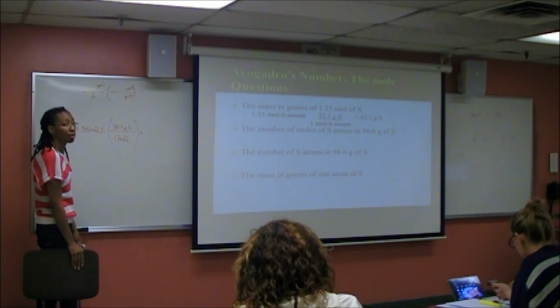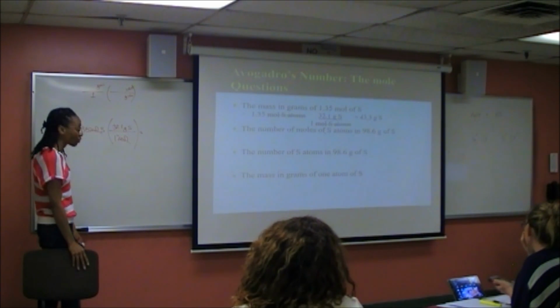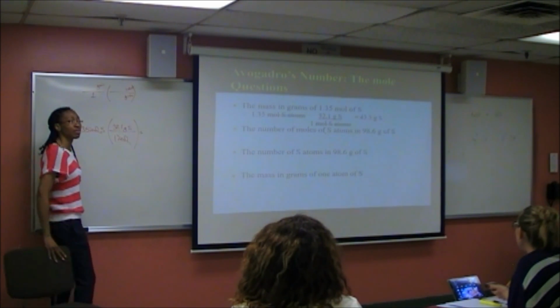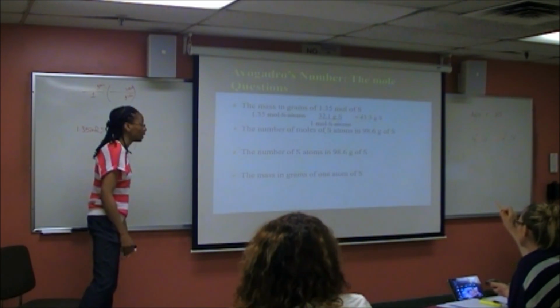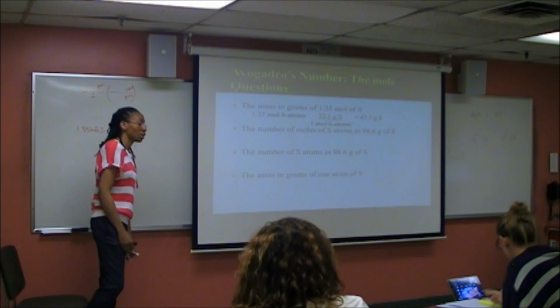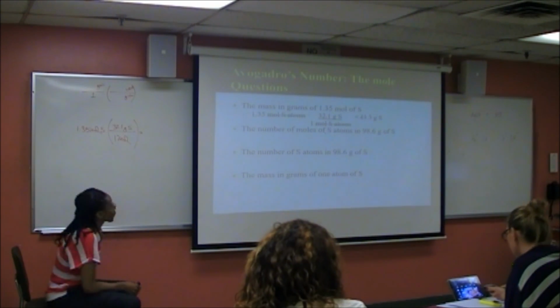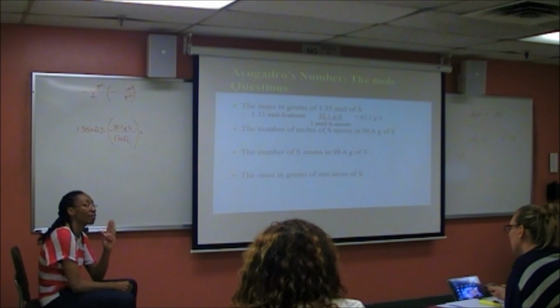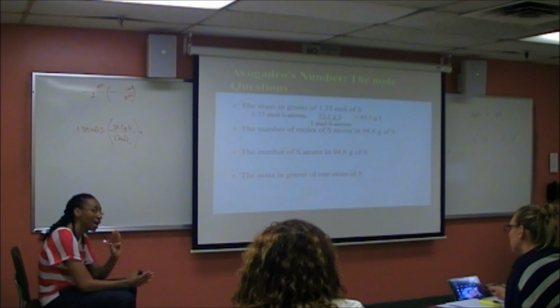43.3. Why do we use 43.3? Because the given has 3 significant figures. Very good. Do we have to write down grams? Yes, it's supposed to be written down. If it's only grams, it's not correct. You have to make sure your unit is attached to what it's supposed to be attached to.